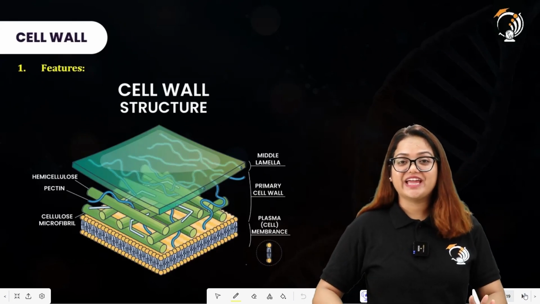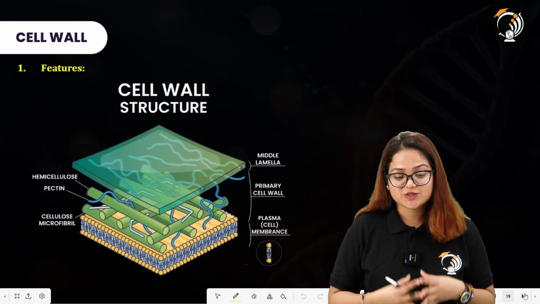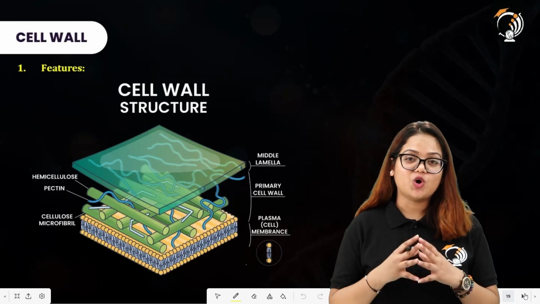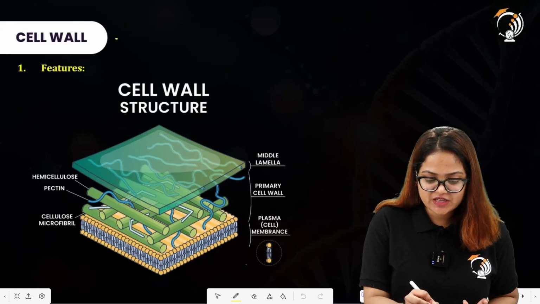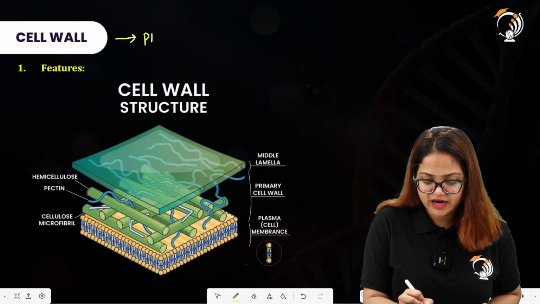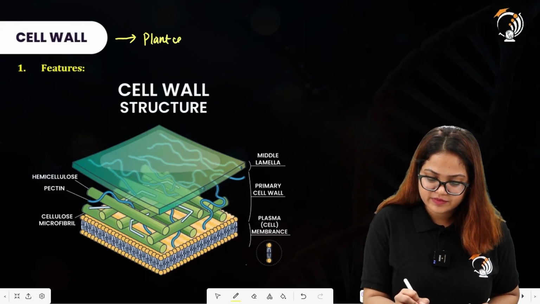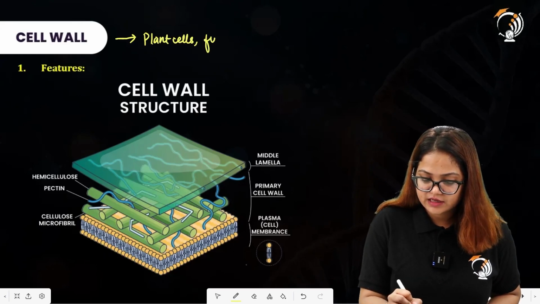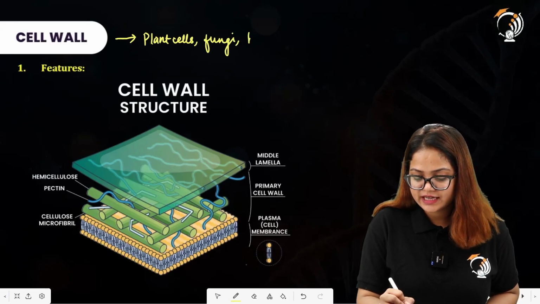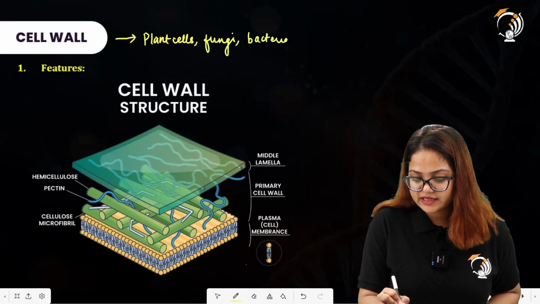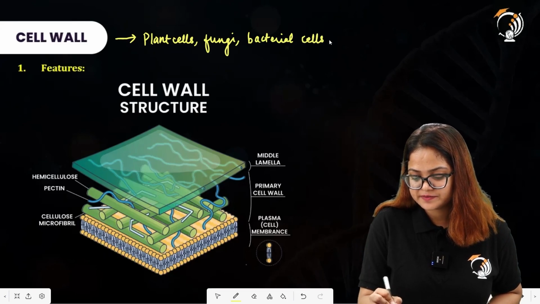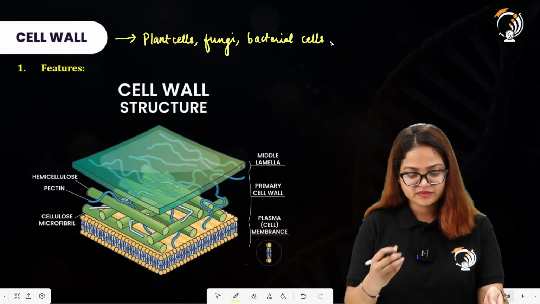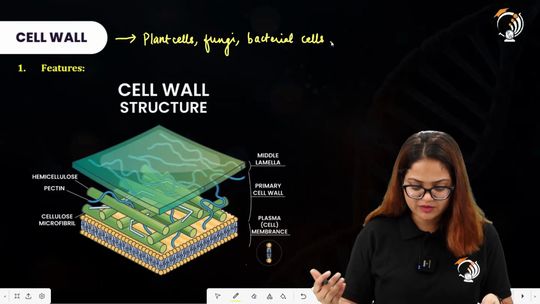Now another structure we have is the cell wall. The cell wall is not present in all living cells. It is specifically present in plant cells, in fungi, and in bacterial cells. We have this diagrammatic representation of the cell wall structure.